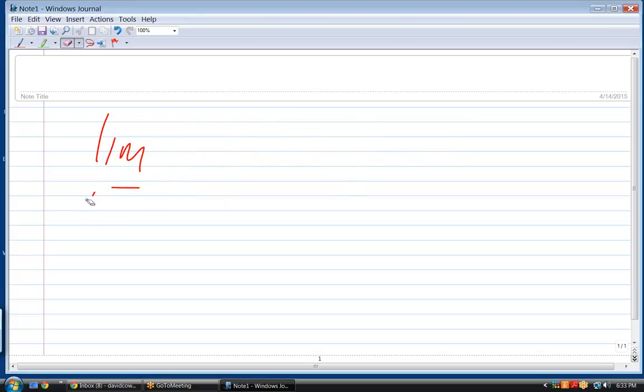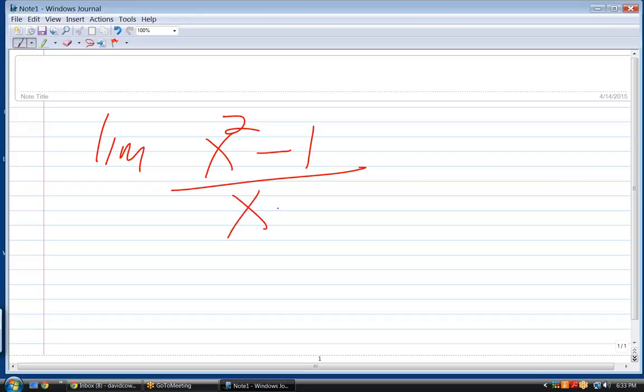Right. Okay. Let me give you a problem. This is the kind of problem you're talking about. If I substitute, I end up with 0 over 0. I don't know what the limit of 0 over 0 is. It's indeterminate. So I can't solve for the limit by substitution.